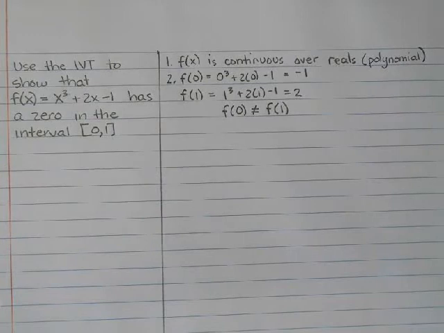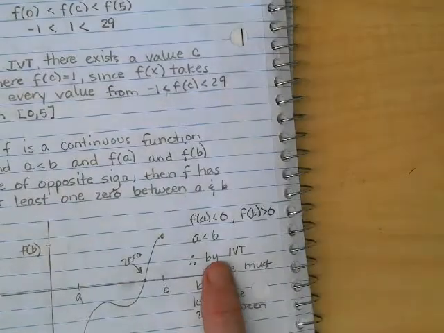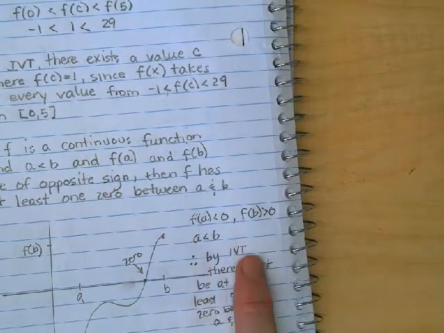Okay, third thing that I'm going to show, now on this case, I'm looking at to show that it has a 0, and we said if you want to show that it has a 0, you got to show this stuff right here.